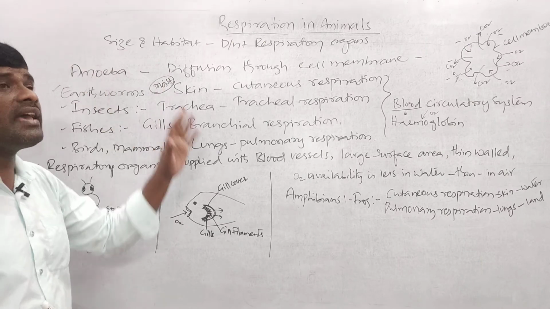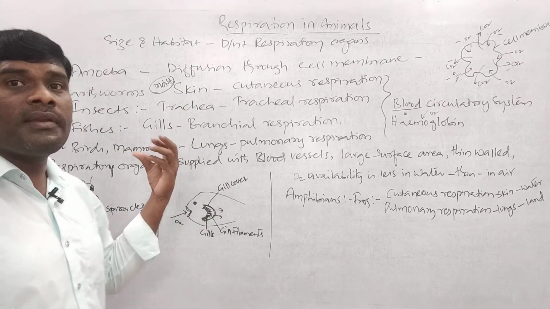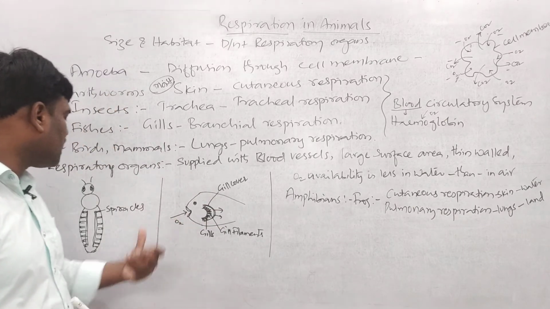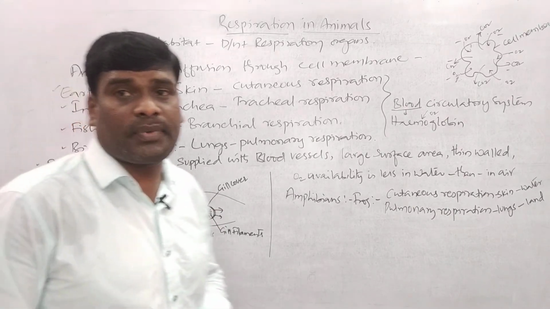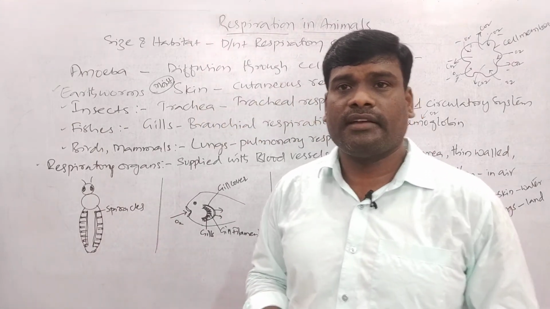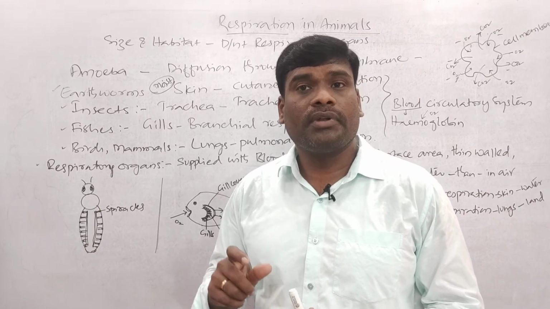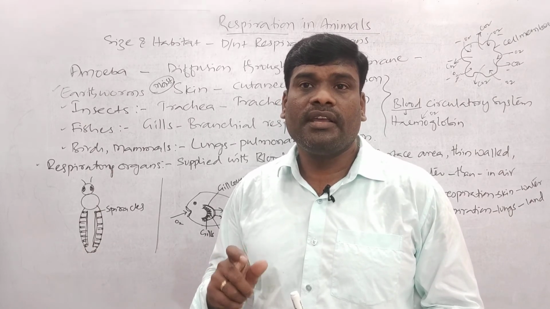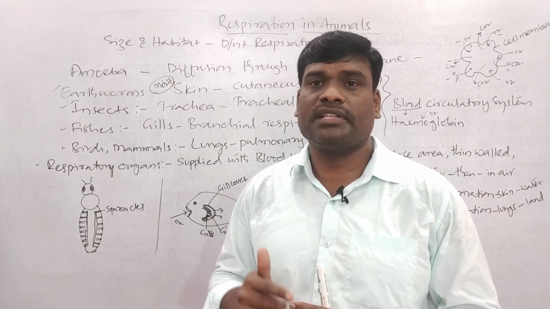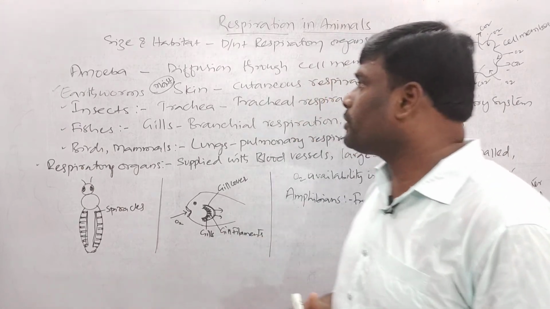In higher classes, you will be studying especially gill respiration and branchial respiration. But for class 10, it's more than enough. We will see a detailed study of the human respiratory system in the next video. That's all for today, children.